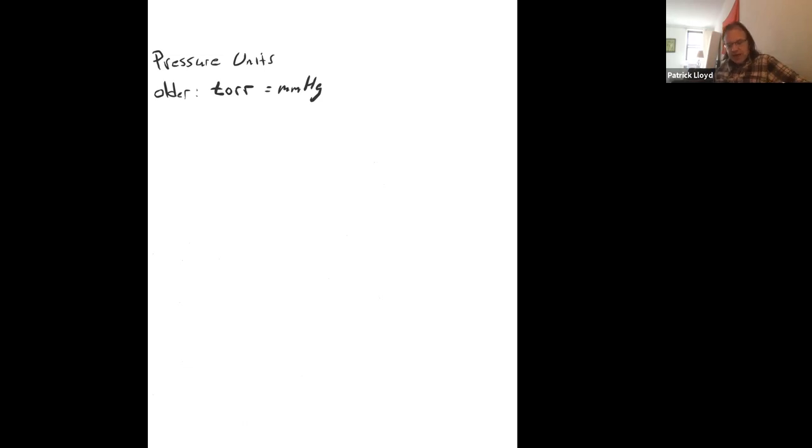Okay, here's what happens if you take a pool of mercury. So this is liquid mercury. And then you take a tube. Generally, you want it to be transparent, so either plastic or glass.